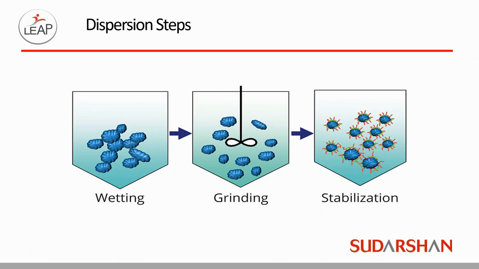Dispersion is important. Primarily, this is more in the liquid areas of coatings and ink. However, dispersion in terms of plastics and powder coatings is also very important. With respect to the liquid side, there's always wetting and grinding and stabilization that need to be taken into consideration.